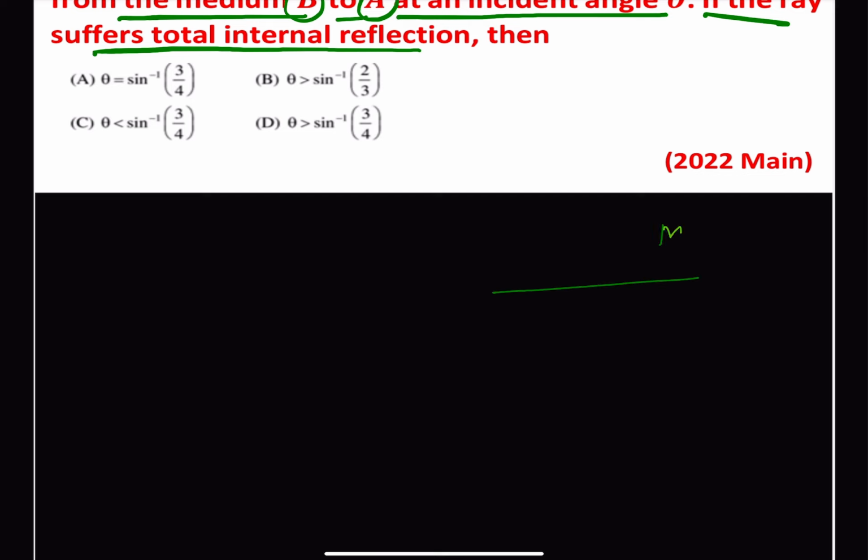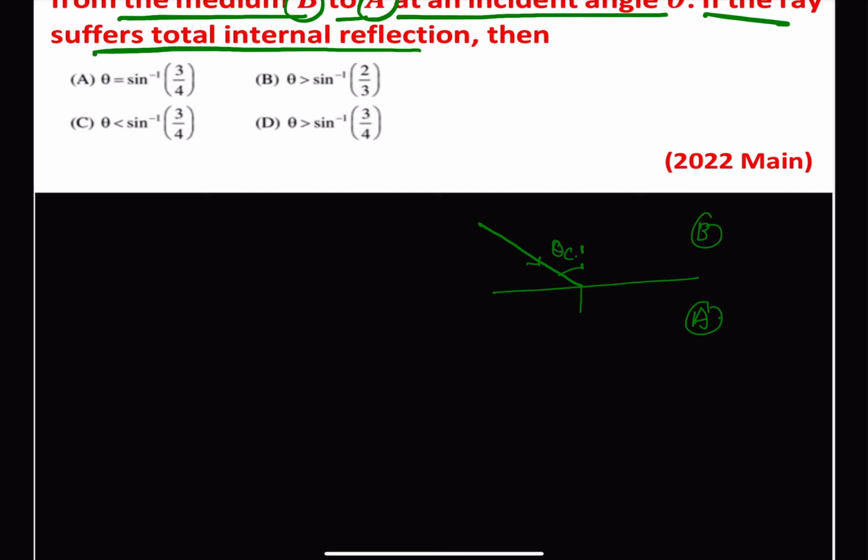Let us suppose this is our media B and this is our media A. Light enters from media B to media A and suffers total internal reflection, so it doesn't enter media A. Obviously this angle will be a critical angle. Let us call this critical angle theta C.